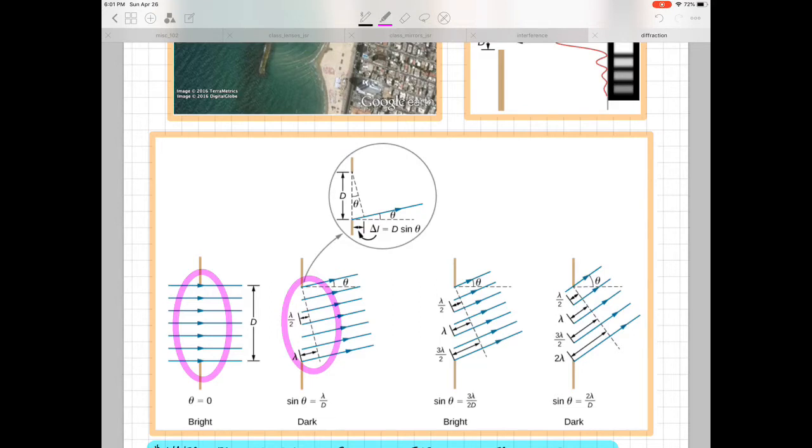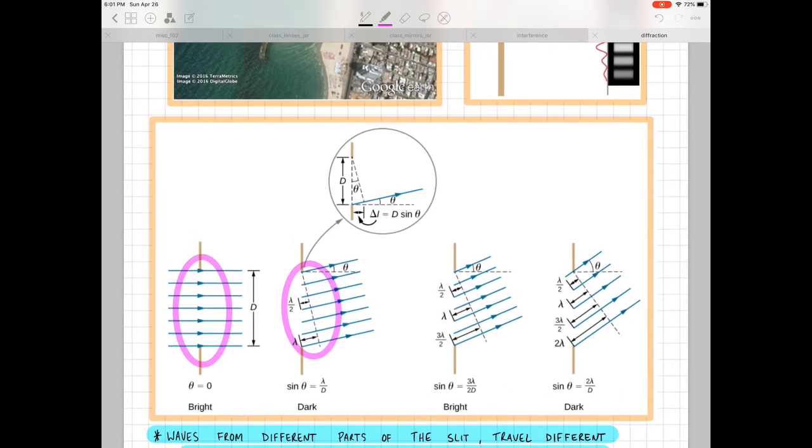Once you get to the point where you have a difference in distance of a half wavelength or a full wavelength, then you start to get constructive and destructive interference on the screen, and you'll get these alternating bright and dark spots corresponding to constructive and destructive interference.